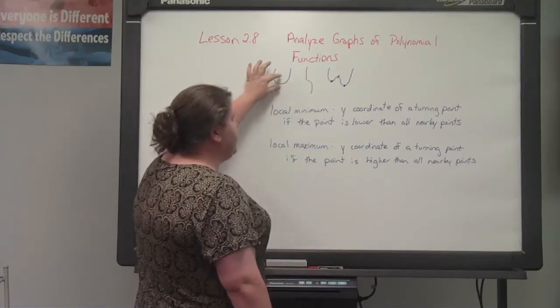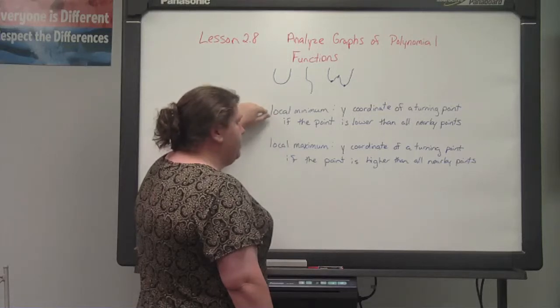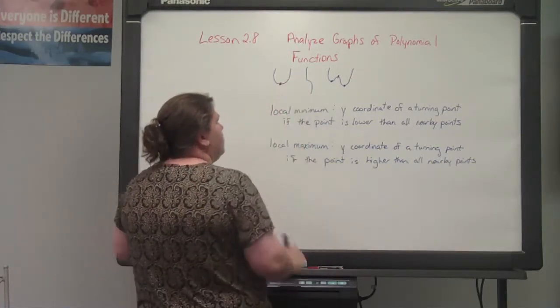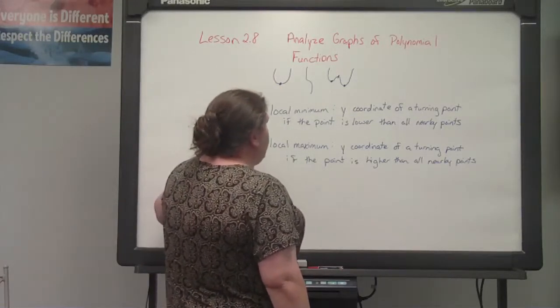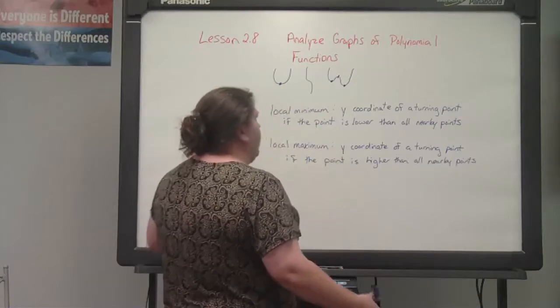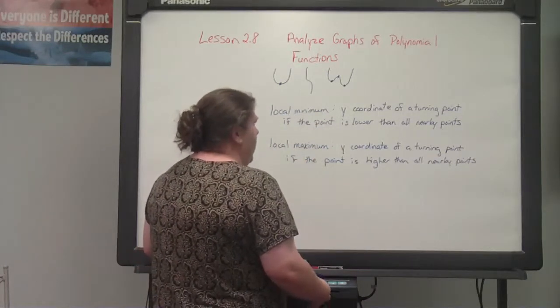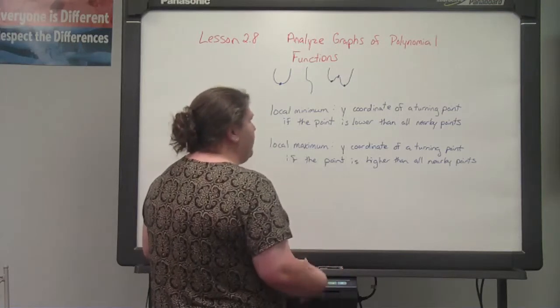And for instance, this parabola right here, your local minimum would be this point. Now, having this information, we can go and try to look at a graph and see what our local minimums and local maximums might be.